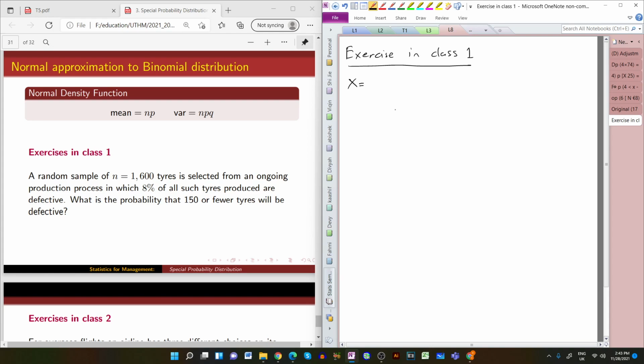A random sample of n equal to 1600 tires is selected from an ongoing production process, in which 8% of all such tires produced are defective. What is the probability that will be defective? First of all, x is the number of defective tires. This is a binomial distribution.